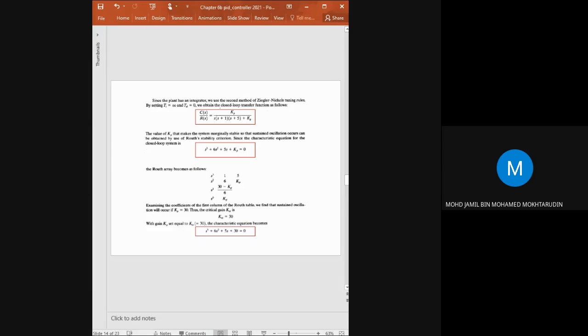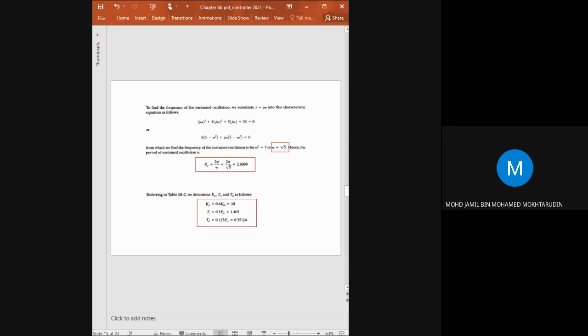Thus, the critical gain Kcr is 30. Kcr is the value of Kp when the oscillation is sustained or marginally stable. With the gain Kp set equal to Kcr, the characteristic equation becomes S cubed plus 6S squared plus 5S plus 30 equals 0.